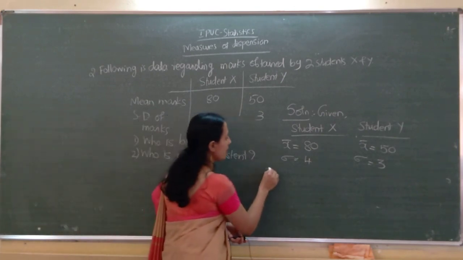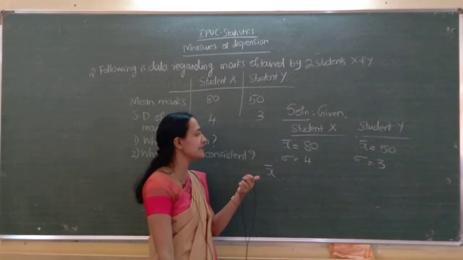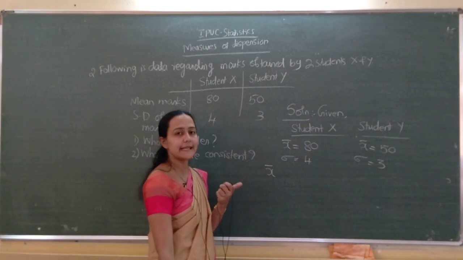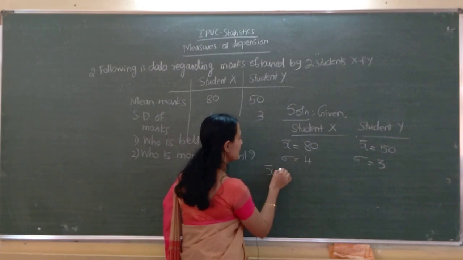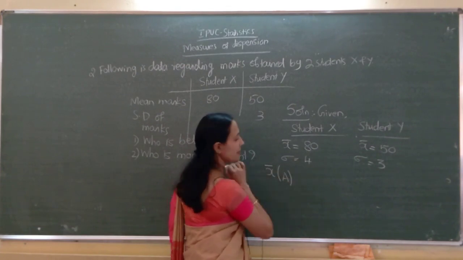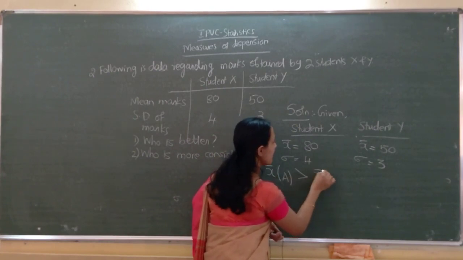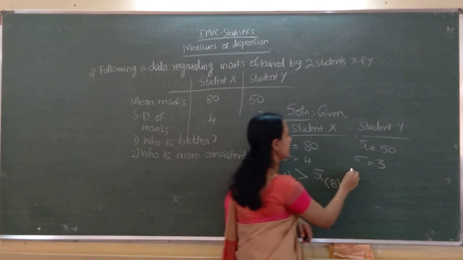Which X bar is more? First X bar is 80, second one is 50. So first student's X bar is more, isn't it? So, since X bar of A is greater than X bar of B, he is better.